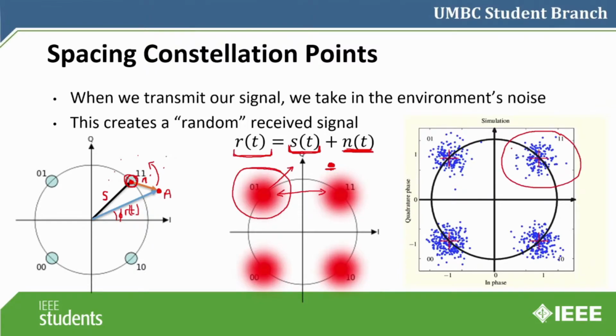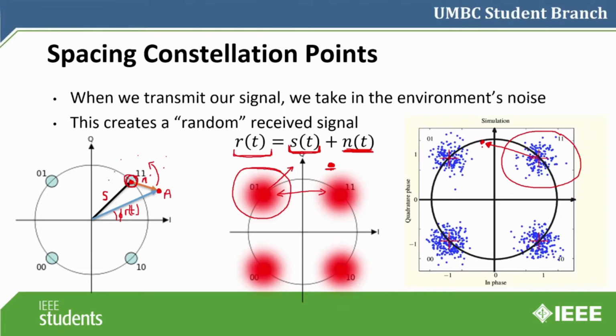And we've spaced these enough such that if we sent a 1, 1, and maybe this guy is a 1, 1, this is extremely unlikely because the noise doesn't add this much variation to the signal. And if it does, it's one-off and it's very rare. But since it's closer to our 0, 1 point, we'd probably decode that wrong. And that's what we call an error in our transmission.